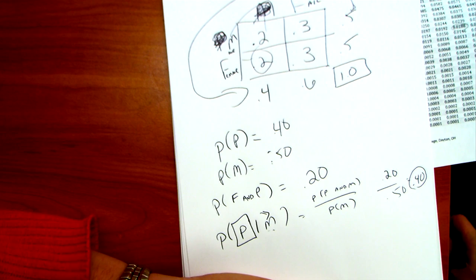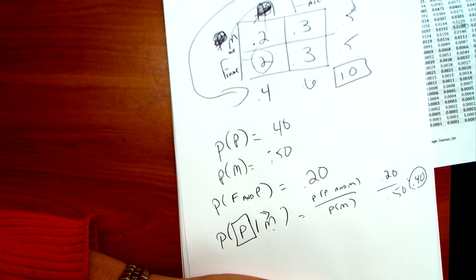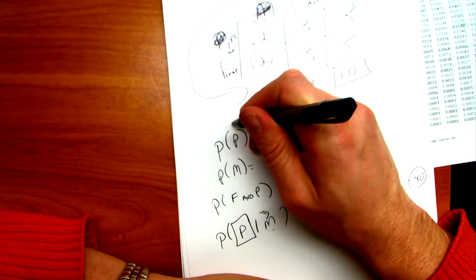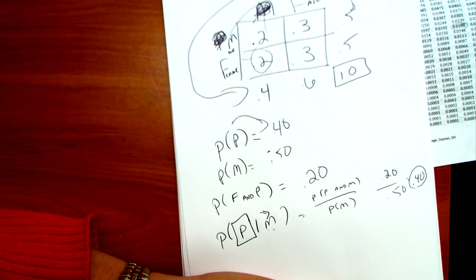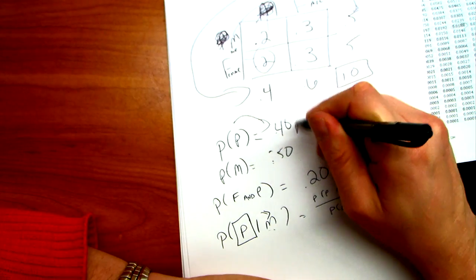Now here's the big question. Are these independent or dependent? What do we need to compare this to say if it is independent or dependent? What's the probability someone passes if we don't know anything about them? 40%. Overall, 40% pass rate. Given that they're a male, the pass rate stays the same.